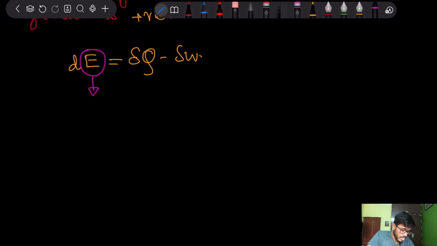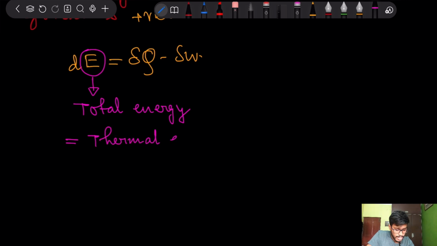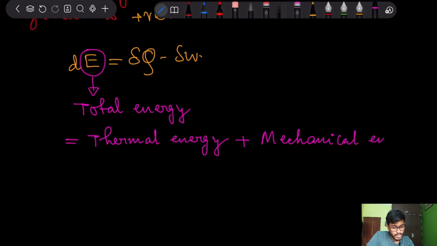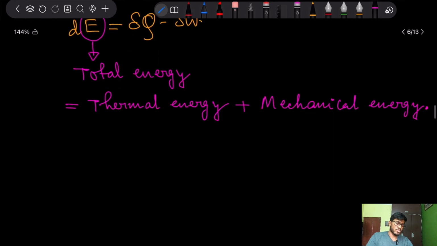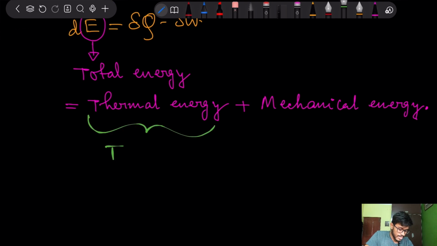Total energy, and that is equal to thermal energy plus mechanical energy. Here this thermal energy is nothing but the internal energy.